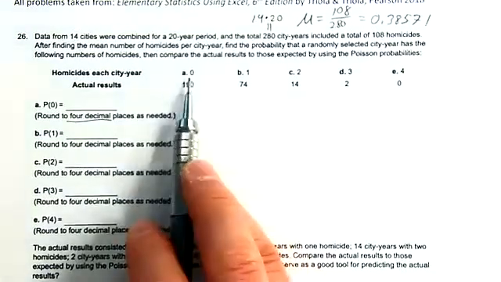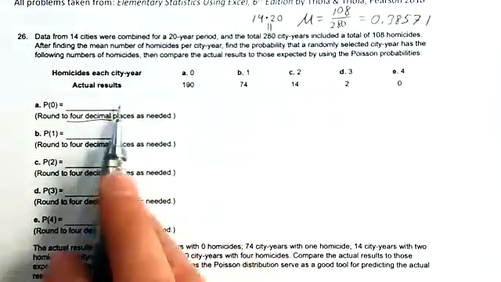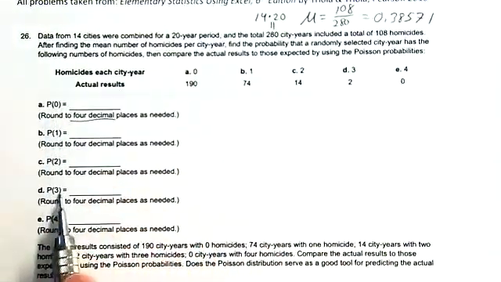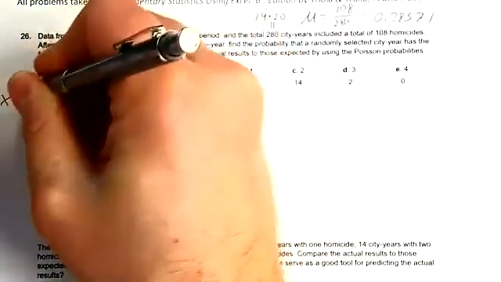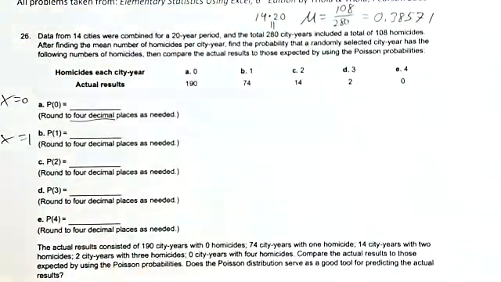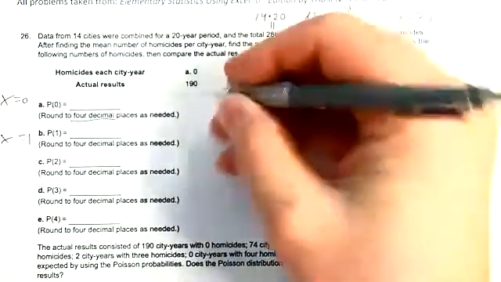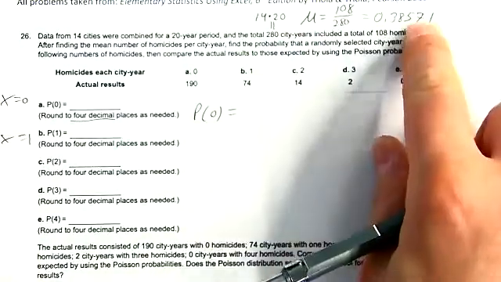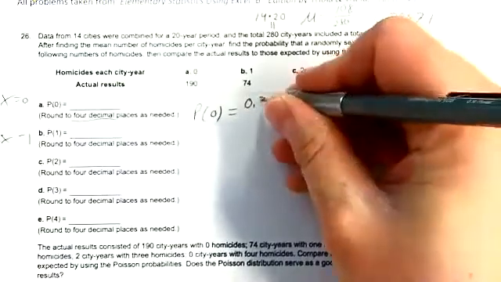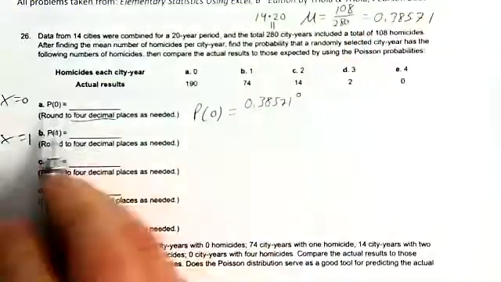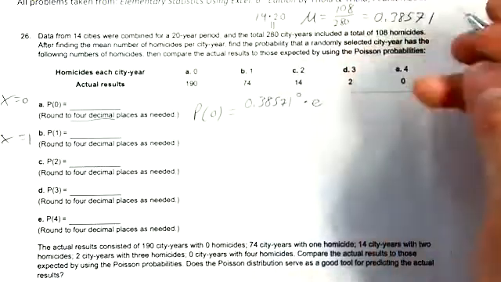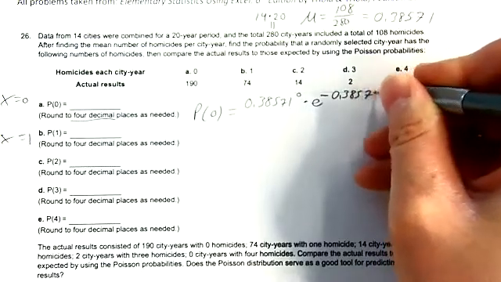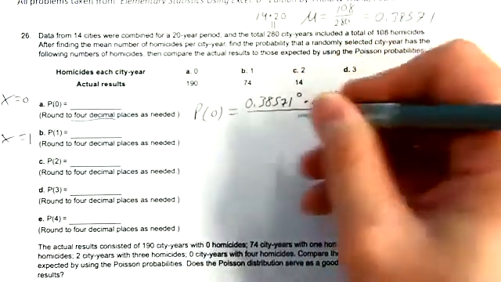Now, these are each, so you just have to repeat this equation 5 times. They're going to say, okay, what's the probability of 0 homicides, or 1, or 2, or 3, or 4? So this is x is 0, and this is x is 1, etc. So what we would get is the probability of 0 homicides would be this number, our mu, raised to the 0, times e raised to the negative of this number again, and then it's all divided by 0 factorial.